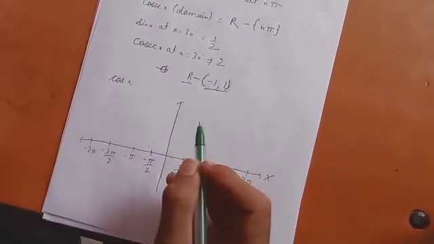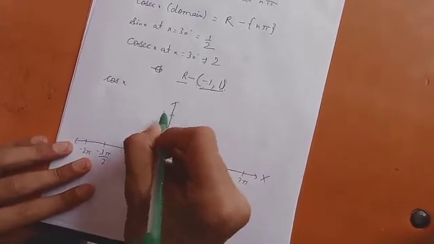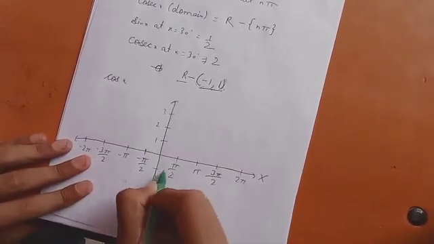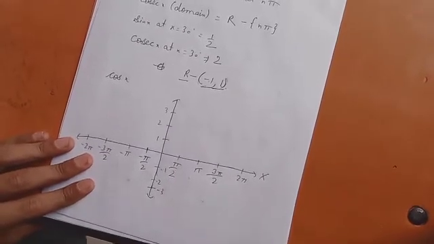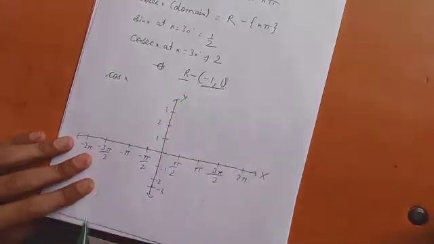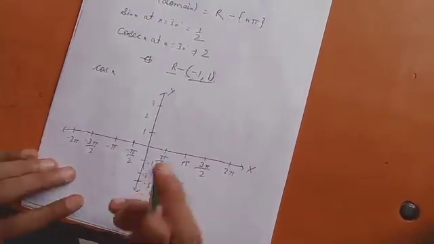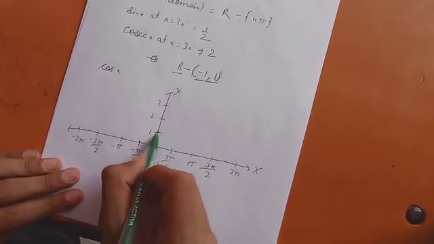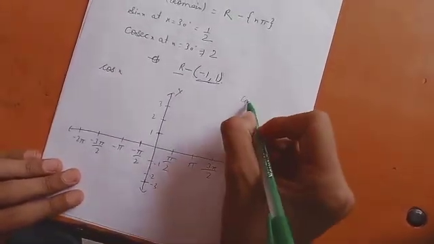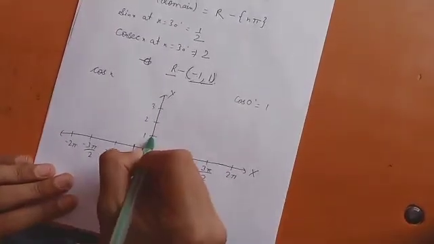Here are the values of the function 1, 2, 3, here -1, -2, and -3, and so on. It's our y-axis. Now again we'll start from 0 degrees. The value of cos x at 0 degrees is 1.